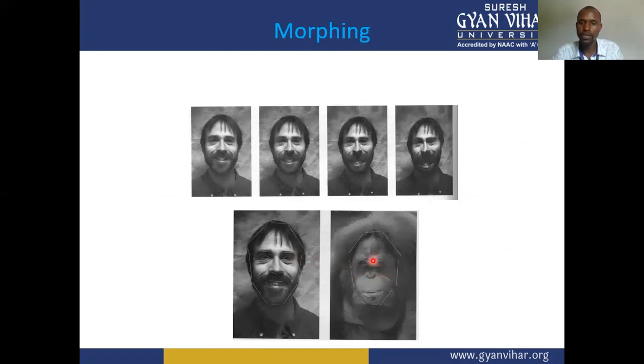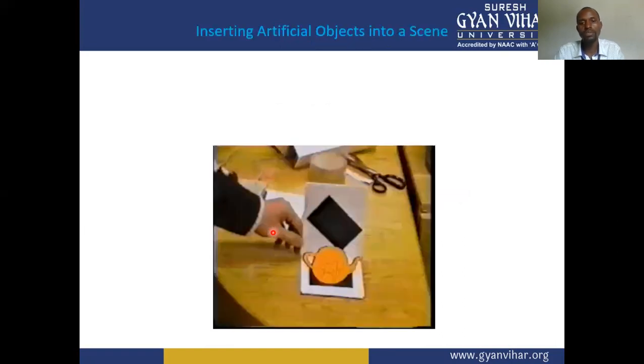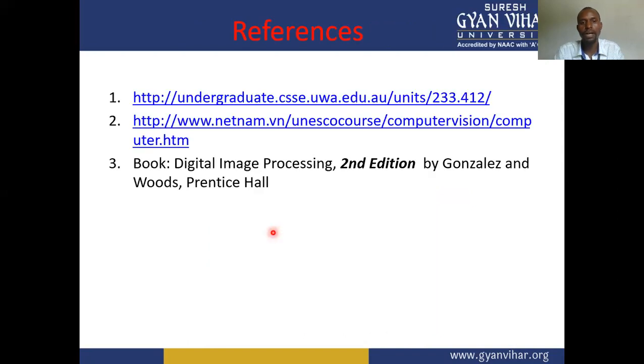Or we can take this baboon and place it on the image of a person, and this baboon will appear like a person. So we can insert artificial objects into a scene, that is morphing. And these are the references that have been used to create this lecture.